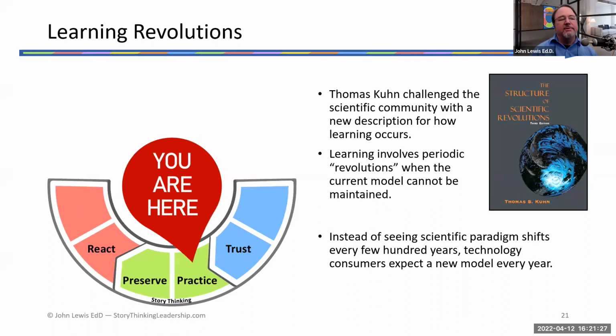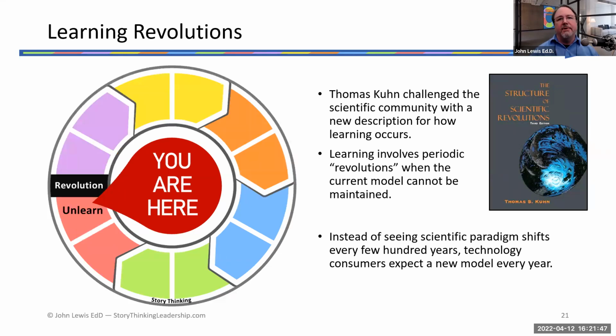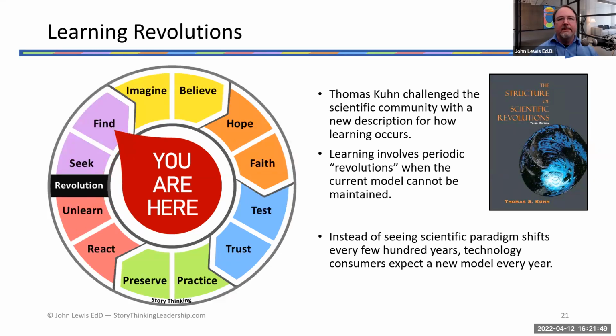This is what happens with the expectation that we now have of a new iPhone model every year, and expecting that the capabilities that we're operating from should change annually is why it feels like the rate of change has increased in our lifetime. This is still the same model that he was describing, and it is a structure of story.